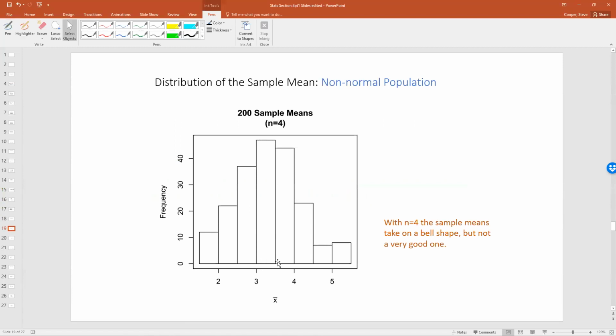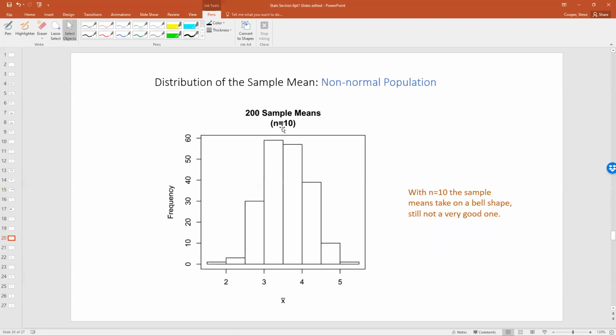Most of the time we're getting something near the mean, and the rest of the time we get fluctuations on either side of it. It's not a great bell-looking shape. It's a little heavier out on this side. We're going to bump our sample size up to 10, and this is what we get for the shape of the distribution of sample means.